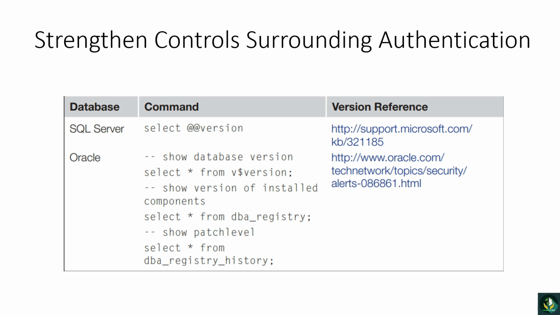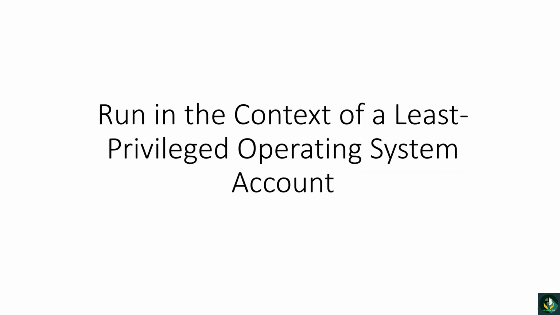So as you can see, from Oracle you can show the version, and from SQL Server you can do so using these simple commands. If an attacker is able to break outside the context of the database server and gain access to the underlying operating system, it is critical that this occurs only in the context of a less privileged operating system account.